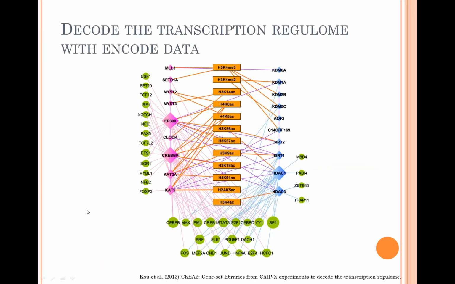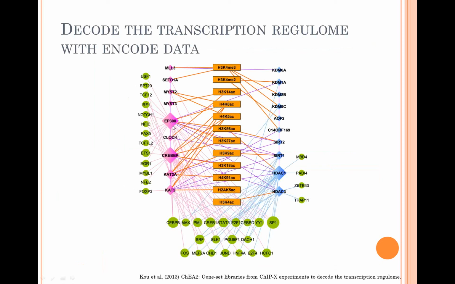So here is an example of how to use this data from ENCODE. Here is a figure from a study we did last year. We collected all these ChIP-seq data, and then we created a network consisting of transcription factors and histone modifications.